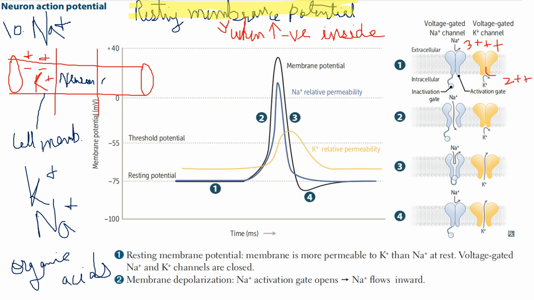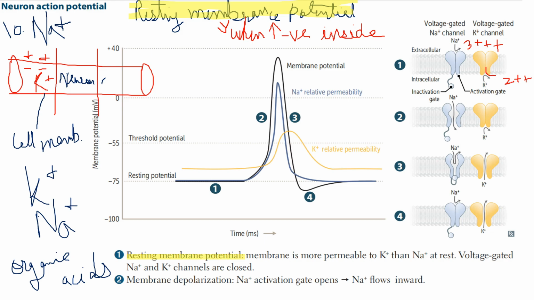If we see fewer positive ions inside, it means that it is more negative compared to the outer part, which has more positive ions. So the inside is going to be negative. So clearly by that we can see this is one of the reasons the sodium potassium pump is responsible for making the neuron inside more negative when we are talking about the resting membrane potential.